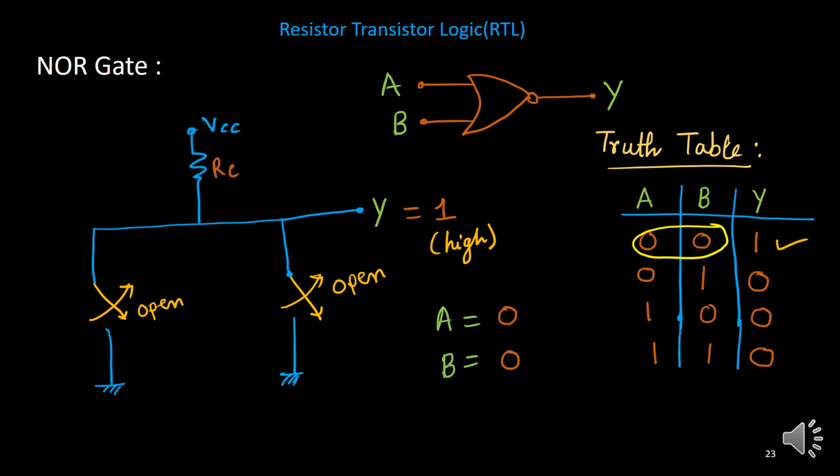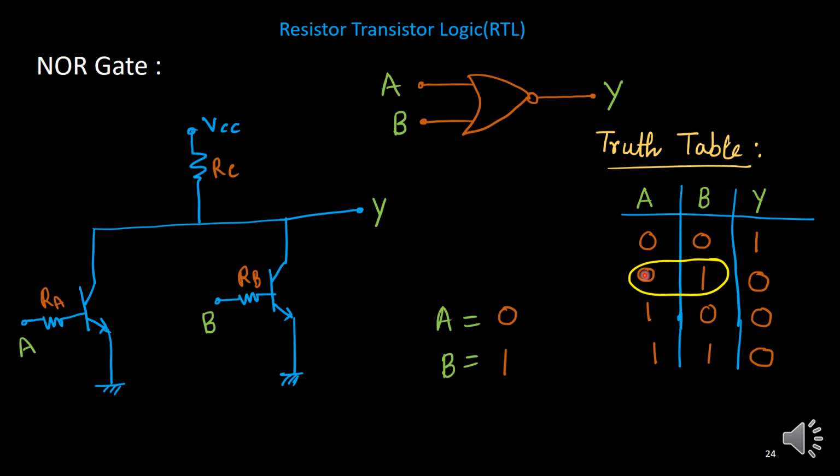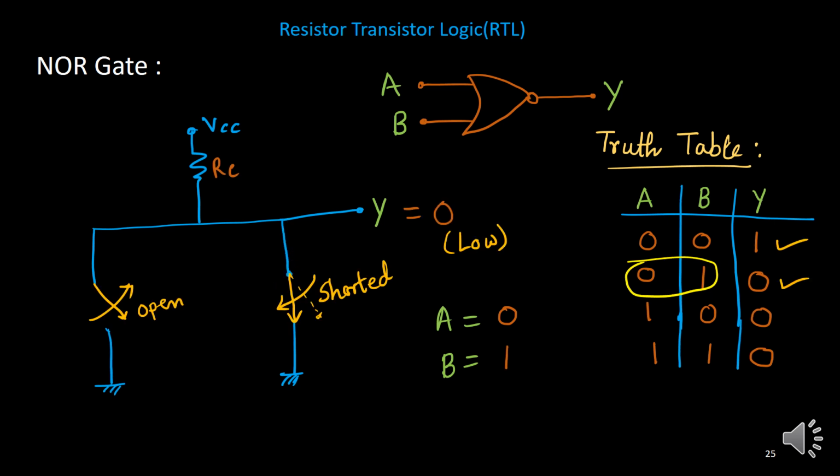But if you see 0, 1: A is 0, which means this transistor is off, open circuit. And B is 1, which means this transistor is on, short circuit. This side is open, fine, but this is shorted. Because of this path, the output is shorted to 0.